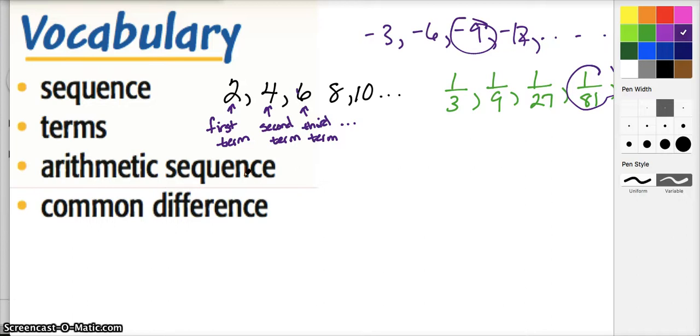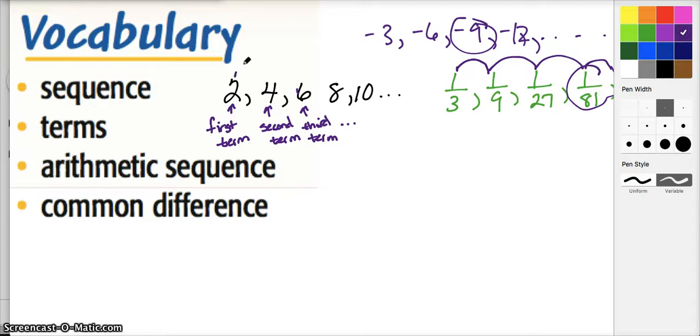An arithmetic sequence is a sequence that is created by adding a number to the last number. If you look here, two of these sequences are arithmetic sequences. This sequence is not an arithmetic sequence. To go from 1/3 to 1/9, first of all, I'm going down, but that's not a consistent jump from each term to the next.